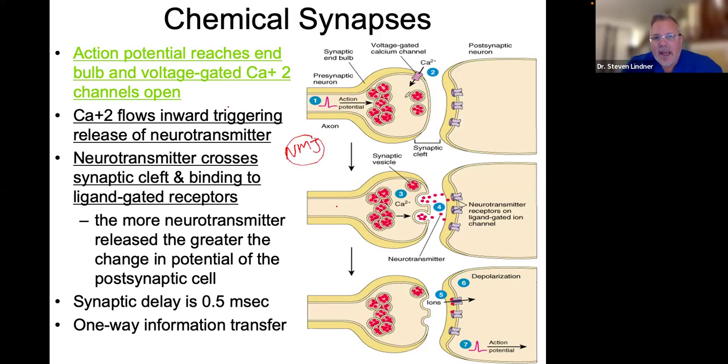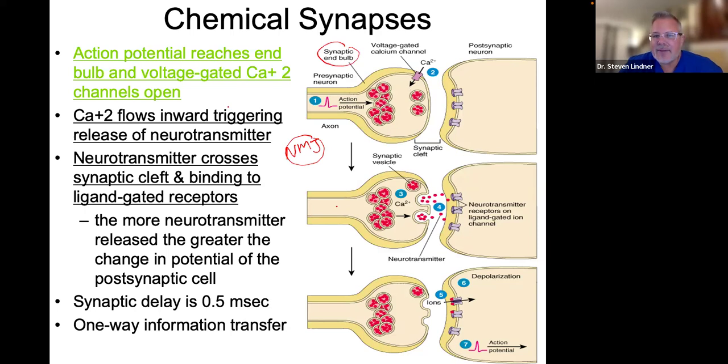And we spoke about exactly this, what happens when the action potential gets to the very, very end, where you have the synaptic terminal or the synaptic end bulb. And what we have stored in that synaptic terminal are a bunch of these synaptic vesicles.